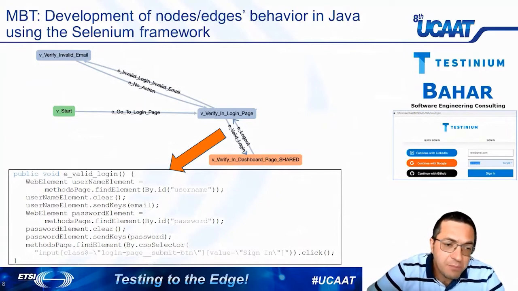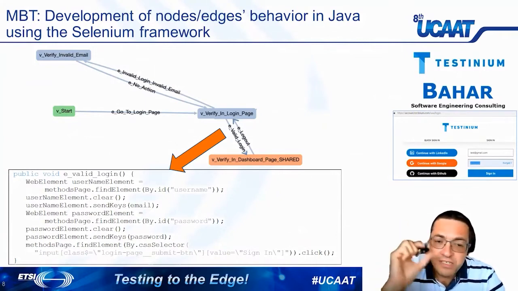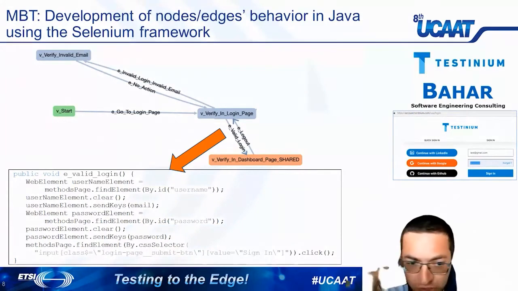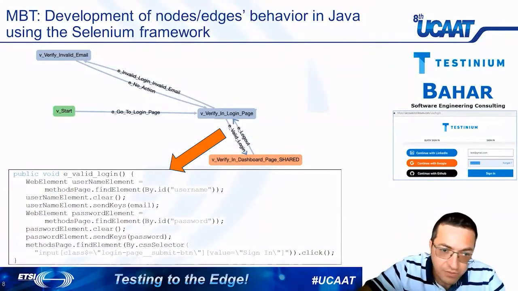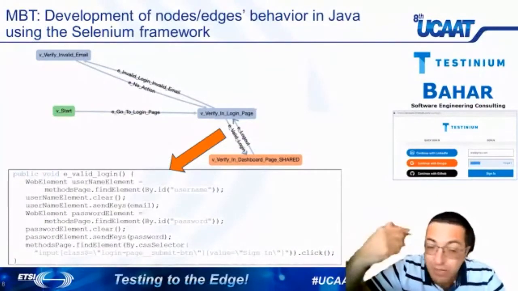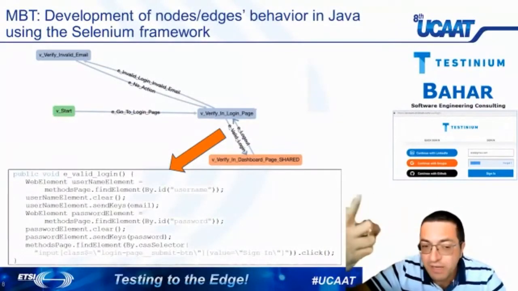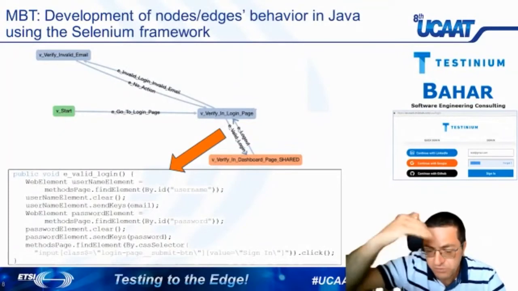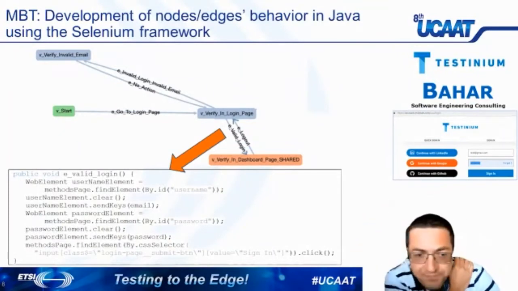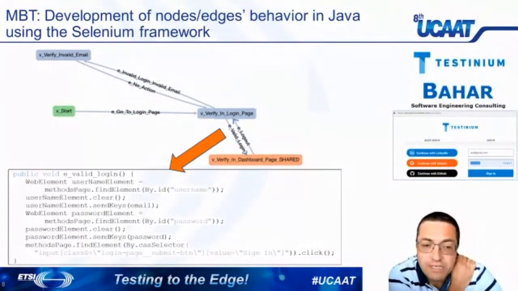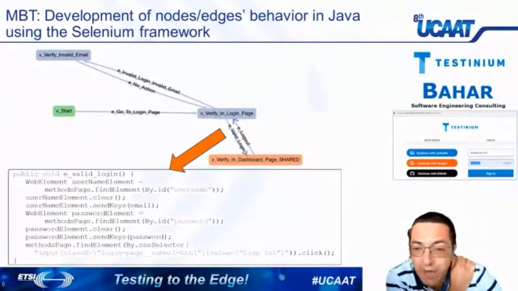You have the web element, you find the element username on your screen, which is this. And then you clear it, so you programmatically erase it. You enter the email, which is valid. Somewhere at the top of the object class, you have defined valid email. You try to find the object by ID password, which is this.